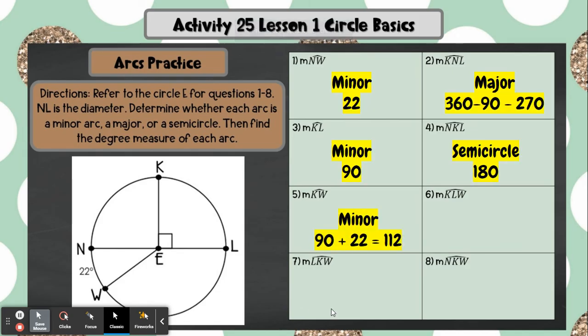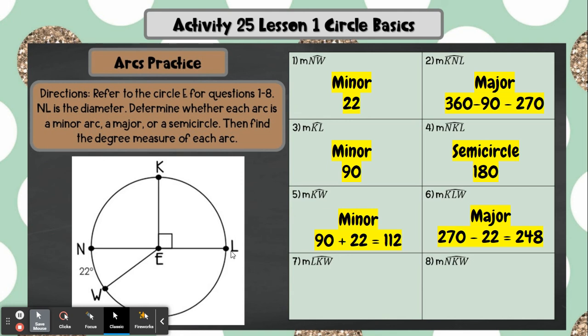KLW. So this whole section here from K all the way around to N is 270. And so if I subtract this smaller portion, 22, that gives me 248 degrees from K, L to W. So this is a major arc.